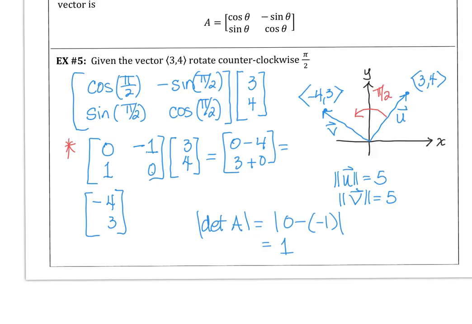Interchanging y with x would be 4, 3, and making the first coordinate negative, -4, 3. That is the mental check from geometry that verified this rotation matrix on our vector 3, 4 actually rotates 90 degrees in a counterclockwise manner. We'll see more of these in the next lesson. Join me there.